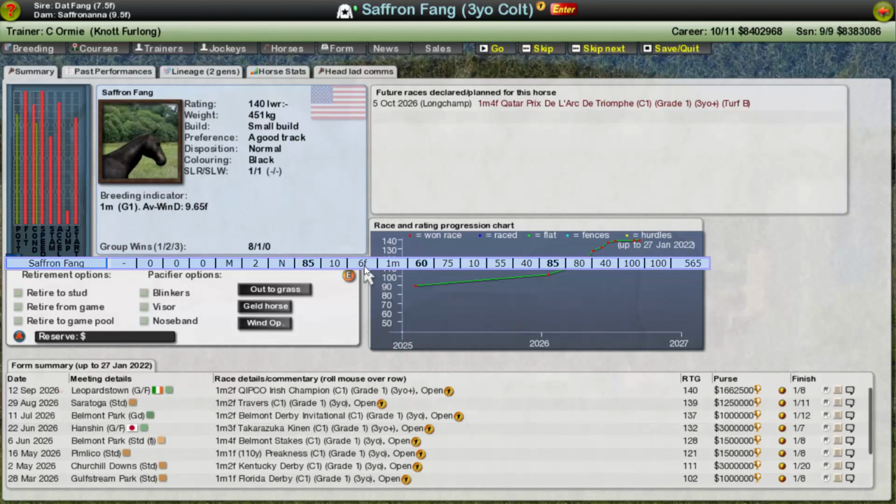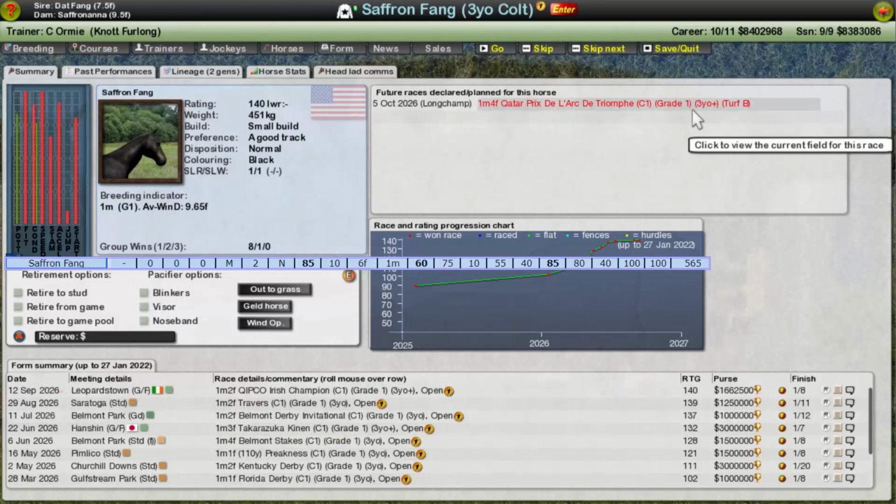We went from 6 furlongs all the way up to about a mile 2 to a mile 3 range, which now allows us to attack not only these mile 2s, which we've done, the Irish Champion, Travers, Belmont, and Derby Invitational, the Preakness, the Derby, the Florida Derby, but also allowed us to move to a mile 3 with the Takarazuka Kinen and the Belmont Stakes and a mile 4.